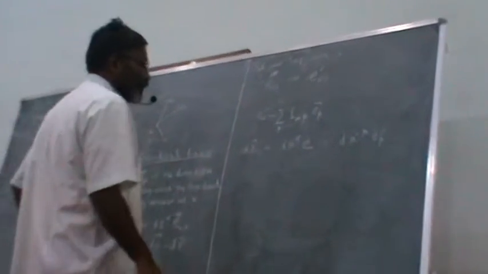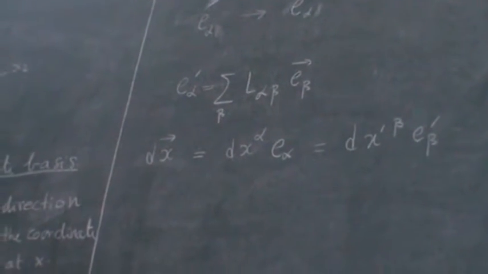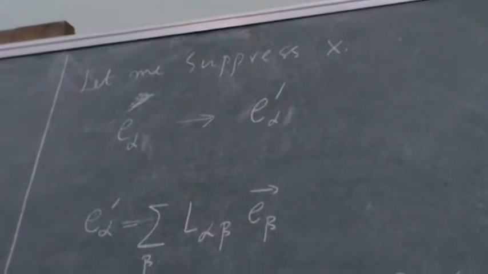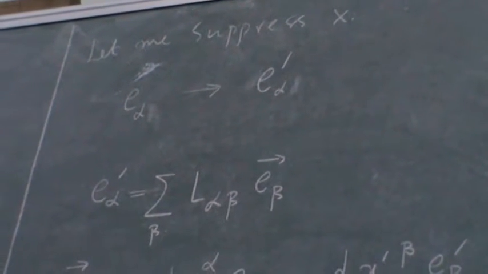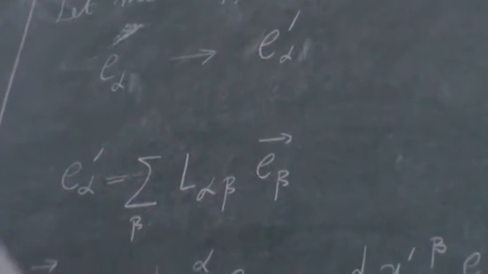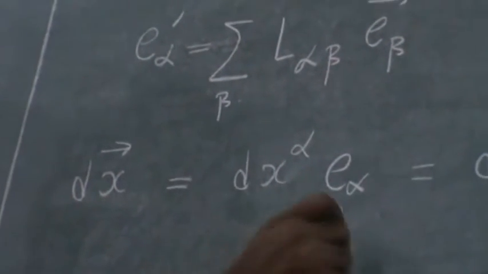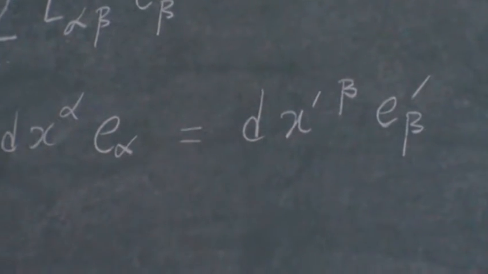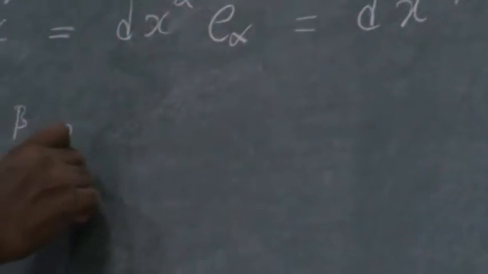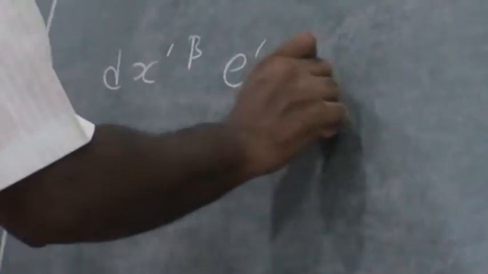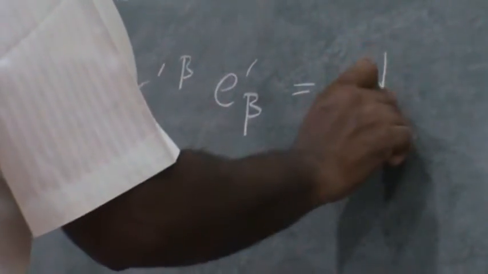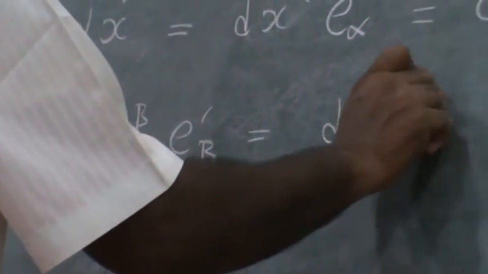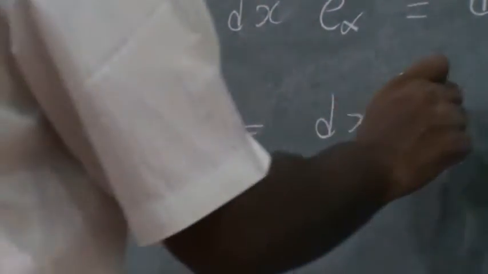So how do we do that? Now, dx prime beta into E prime beta can be written as dx prime beta into E beta.